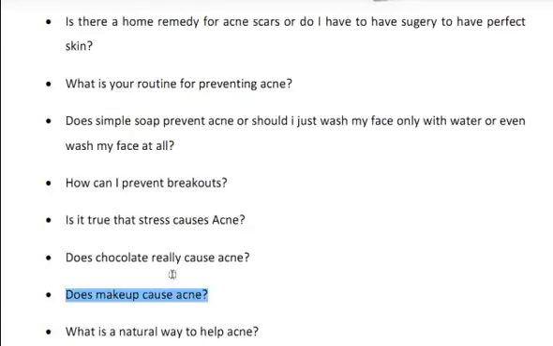Inside this short report, you could answer these three questions, as you know that these are the questions that people are asking. Inside your report, simply address these myths, such as does stress cause acne, does chocolate cause acne, does makeup cause acne, and so on and so forth. I really hope that you see how powerful these frequently asked questions are.